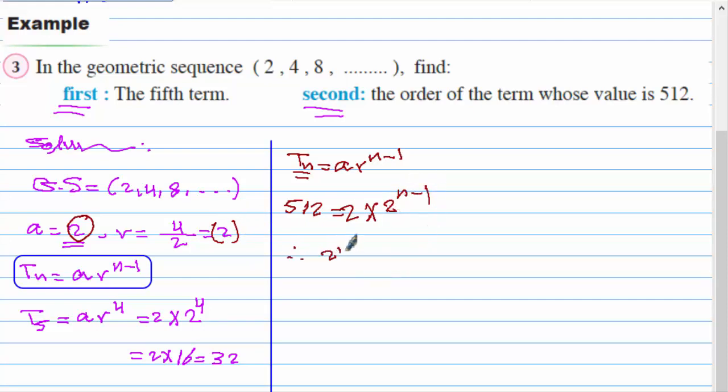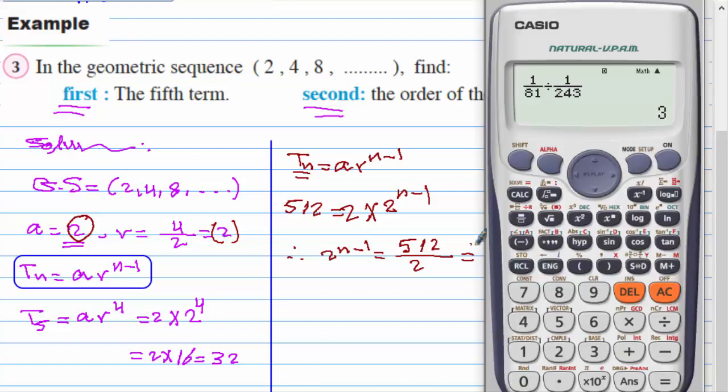So 2 power n minus 1 equals 512. Divide by 2: 512 divided by 2 equals 256.